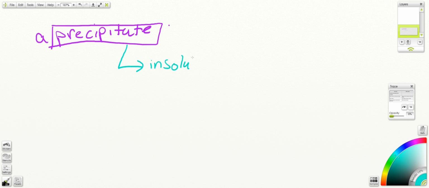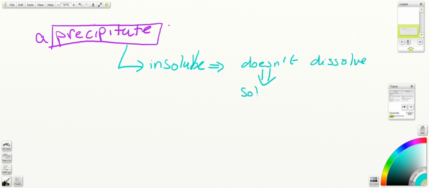And so if it's insoluble, that means it does not dissolve. And so something that forms a precipitate will be a solid. Okay, so it's going to be a solid. So this is the keyword you need to look out for, and then they'll basically ask you which one is the solid, while it's always the precipitate that is a solid.